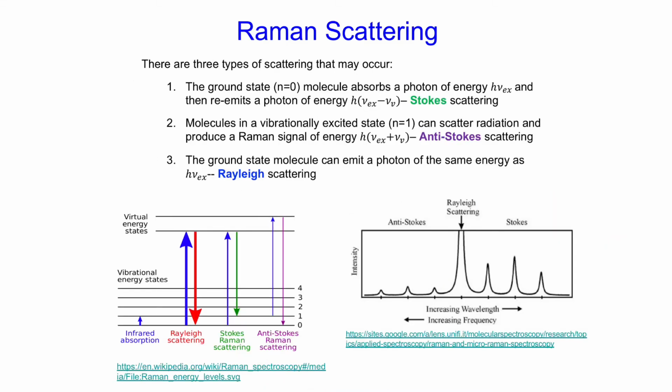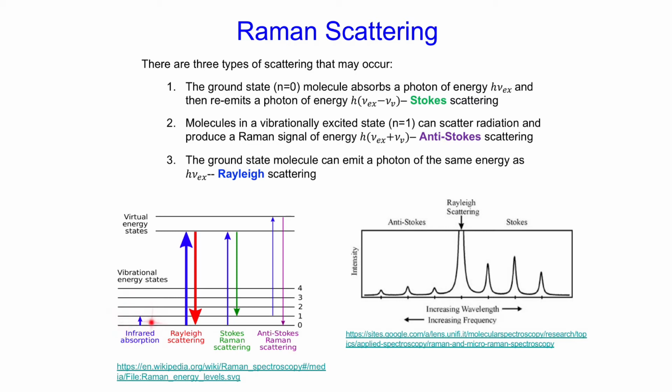Okay, let's take a closer look at the three types of scattering that might occur in our experiment. Let's take a look at our energy level diagram to start with. So again, just to point out the difference between our normal vibrational energy states that we've been discussing in class that we calculate from our quantum mechanical models.